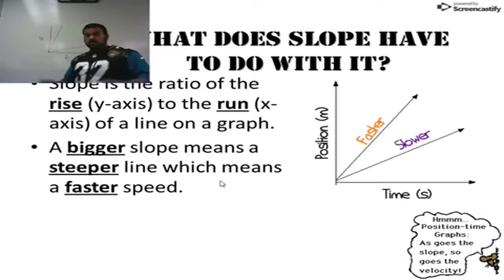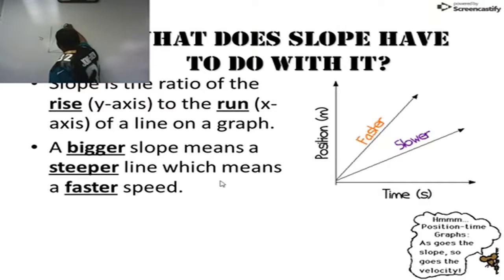You could, fairly enough, if your numbers are on here, go through and do the math. Do the math? You know what? I don't want to have to do that. This one has a greater slope, so therefore we know the velocity has to be greater, because again, slope is velocity. So if this one is steeper, it has to have a greater velocity.